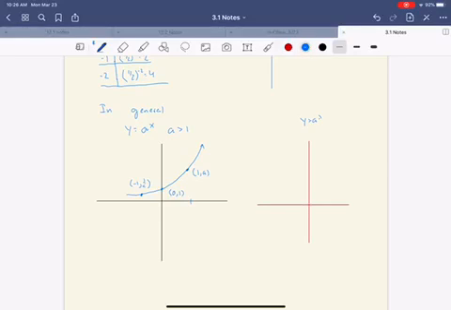Y equals a to the x. Let's make that. I can do better than that. For 0 less than a less than 1, that's going to look like so.